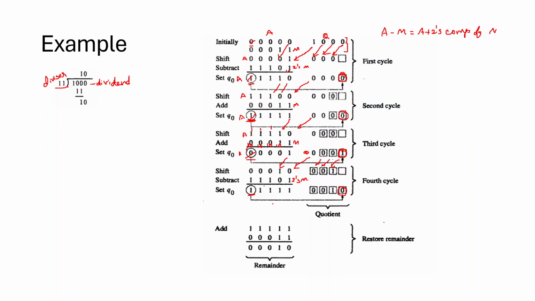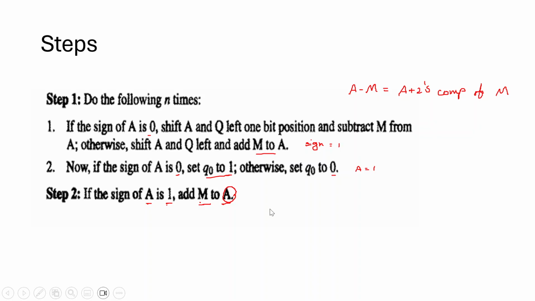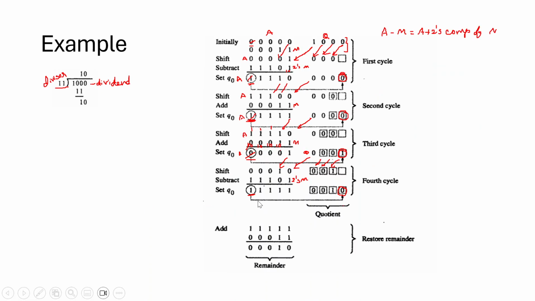Now after completing all the cycles, they go to the second step. If the sign of A is 1, then add M to A. See here, now the sign of A is 1.